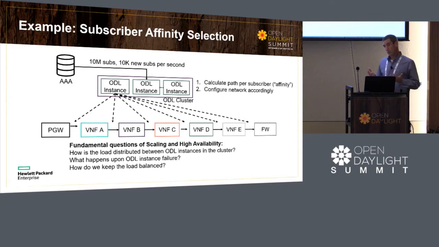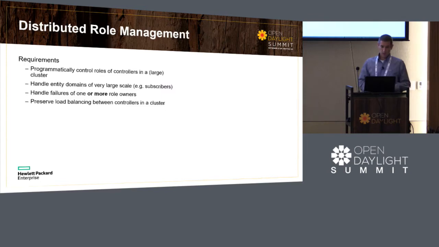So what we're really striving to achieve is a situation where we can keep the load on the controllers balanced. We're not talking about network load balancing in this case, though the same principles can apply to that domain, but we're talking about the load on the controllers. So what we really want to do is programmatically control the roles of the controllers, possibly in a large cluster.